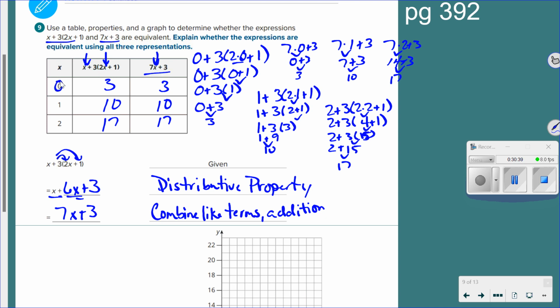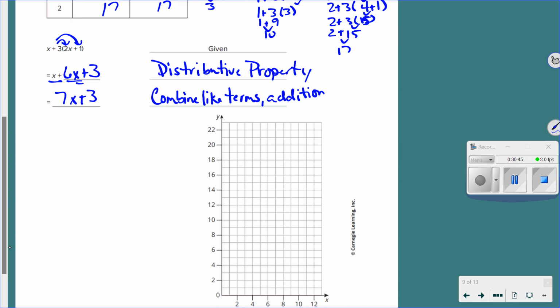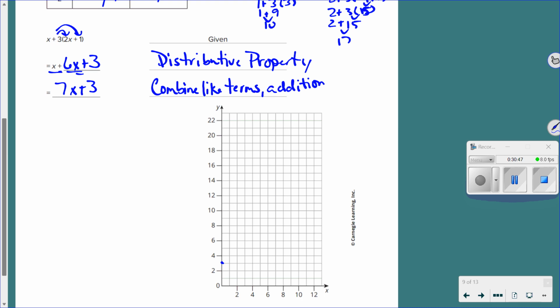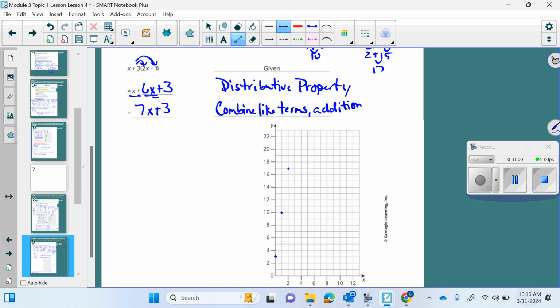So what do you expect when I start plotting them? At 0, it's 3. At 1, it's 10. At 2, it's 17. When you plot them, you should see that my lines are exactly the same. There's the first set, the second set is going to go right over top of it.